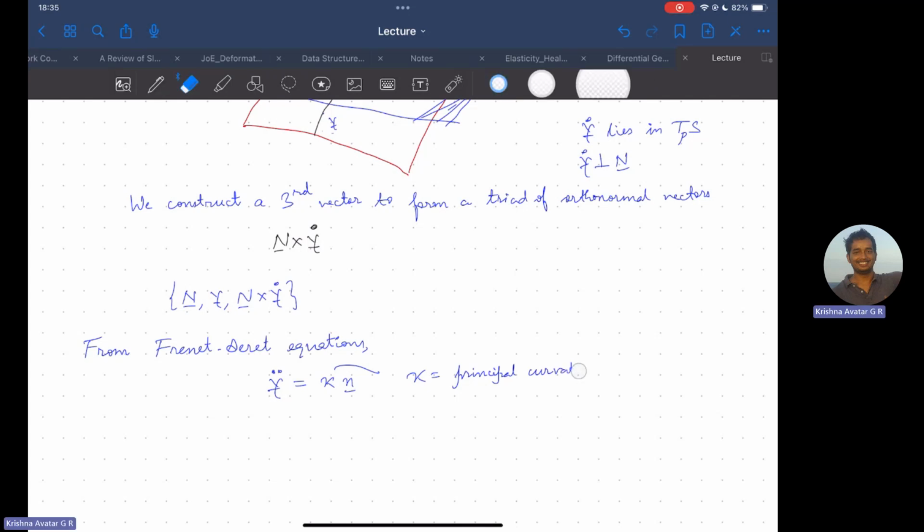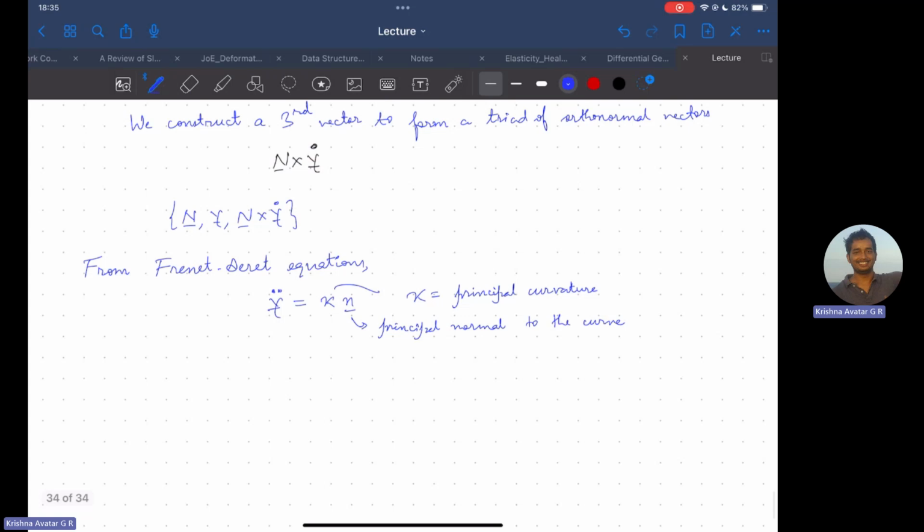of the curve, and n is what we call the principal normal to the curve, right? And this reminds you that n vector is not the same as capital N vector, right? It need not be the same generally.